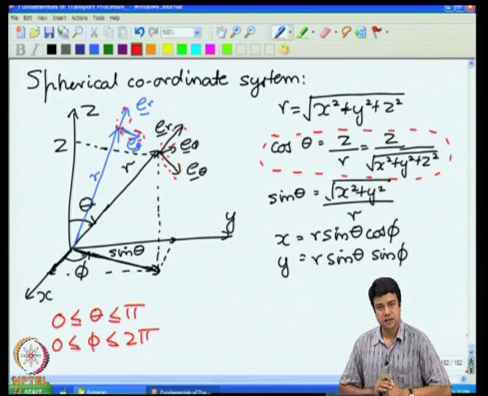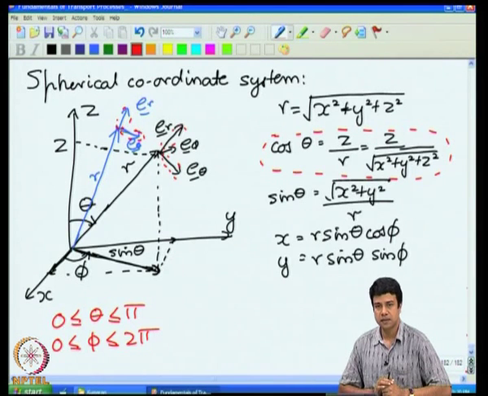So, in that sense, the unit vectors are not independent of position. When we looked previously at a Cartesian coordinate system, the unit vectors were all independent of position. They were pointing in the same direction at all locations. E x was always along the x axis, E y was always along the y axis, and E z was always along the z axis.